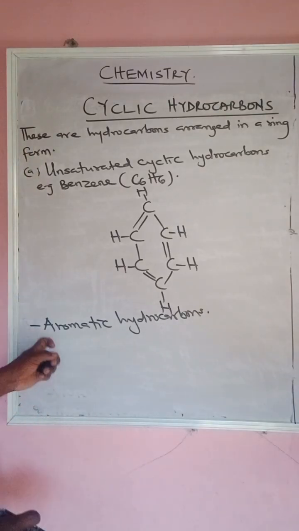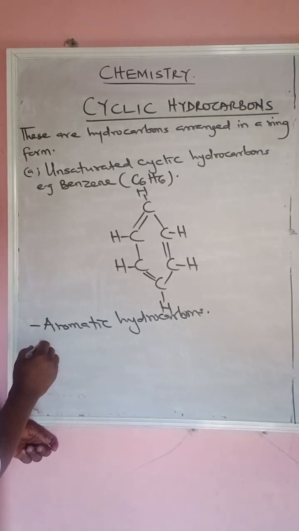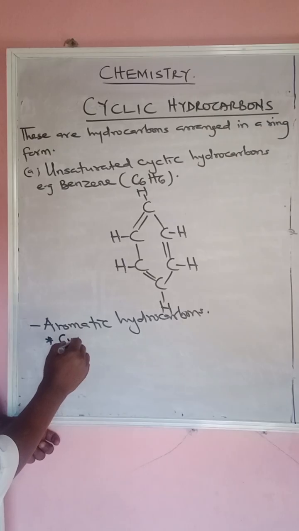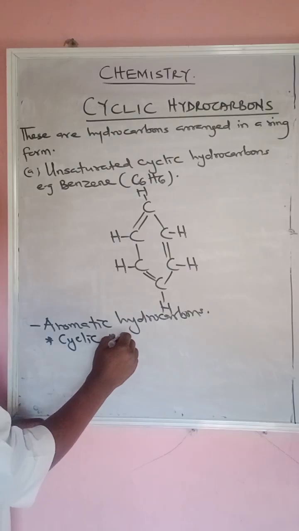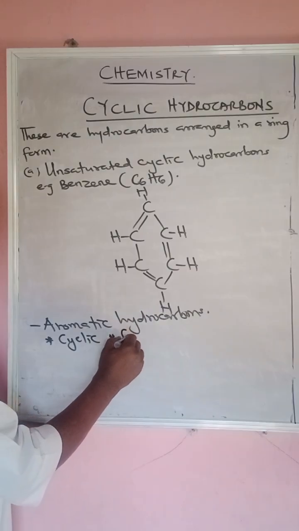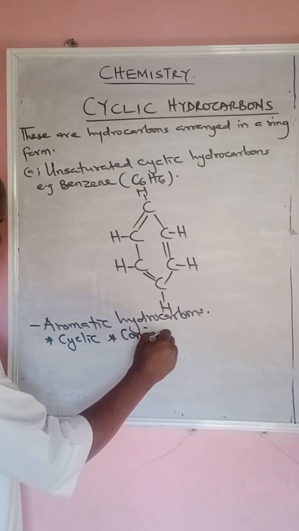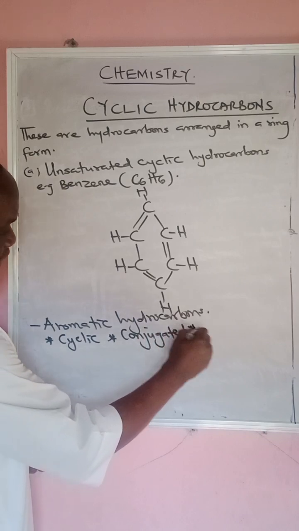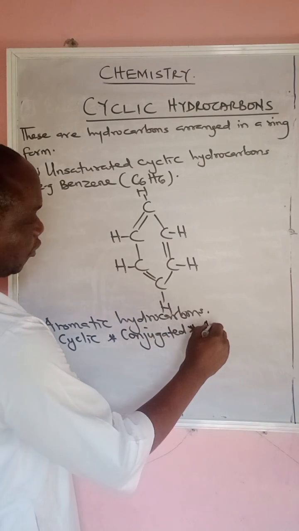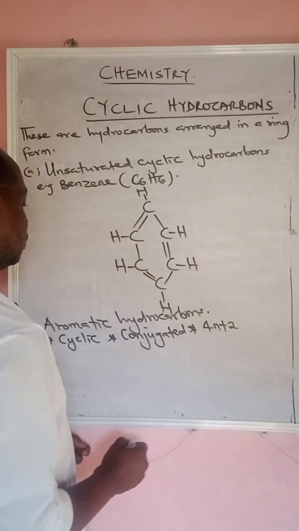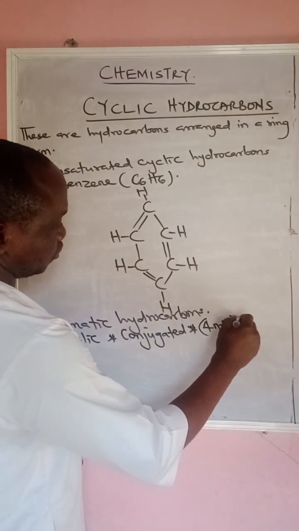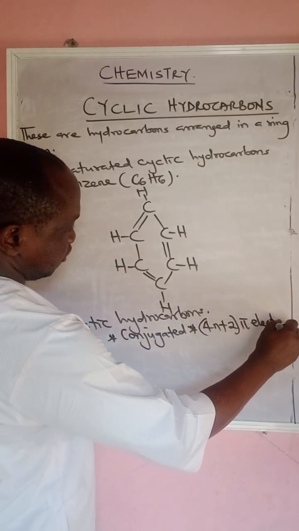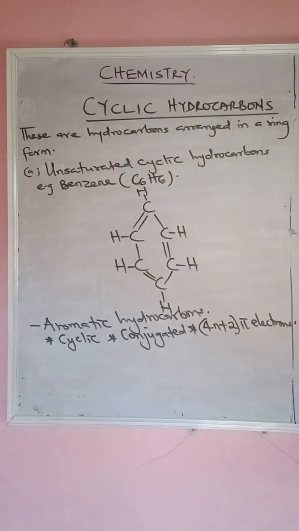For something to be aromatic: 1, it must be cyclic; it must be conjugated; finally, it must contain 4n plus 2 pi electrons. These are the three conditions for a cyclic hydrocarbon to be aromatic.